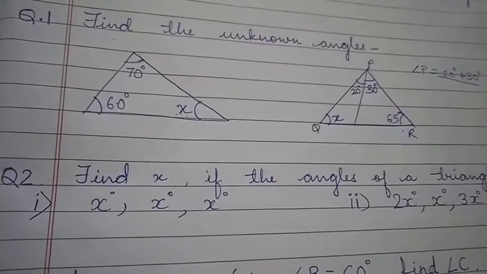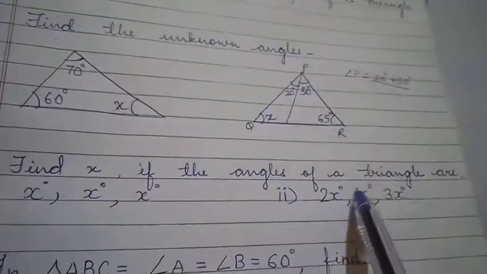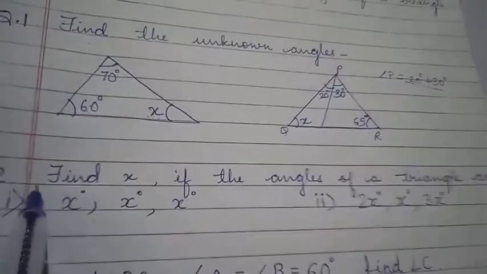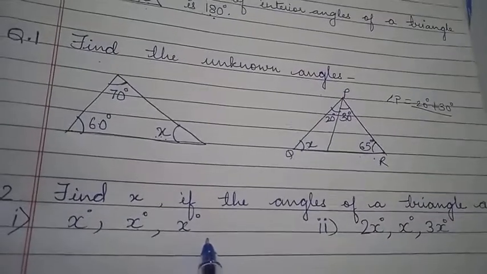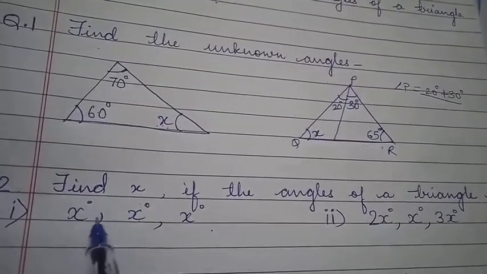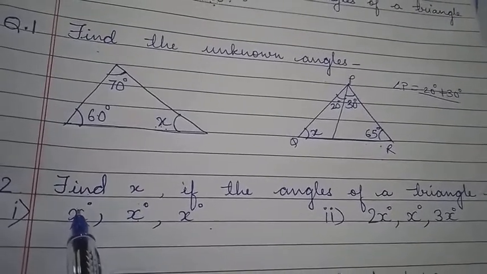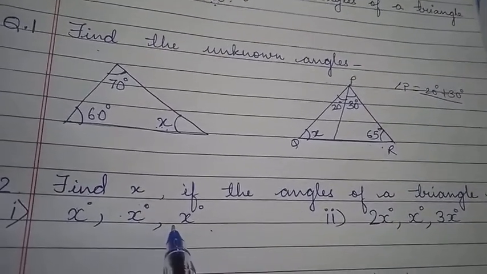Question number 2. Find X if the angles of a triangle are X degree, X degree and X degree. What does it mean, X degree, X degree, X degree? It means that this is the first angle of a triangle, this is the second angle of a triangle and this is the third angle of a triangle.